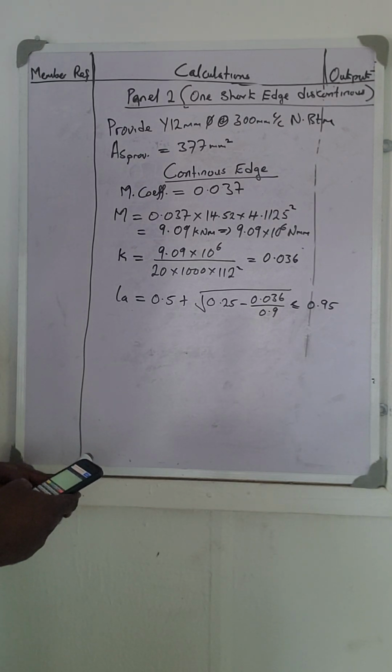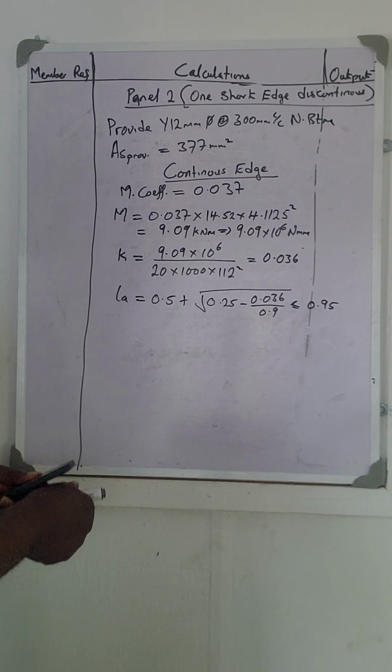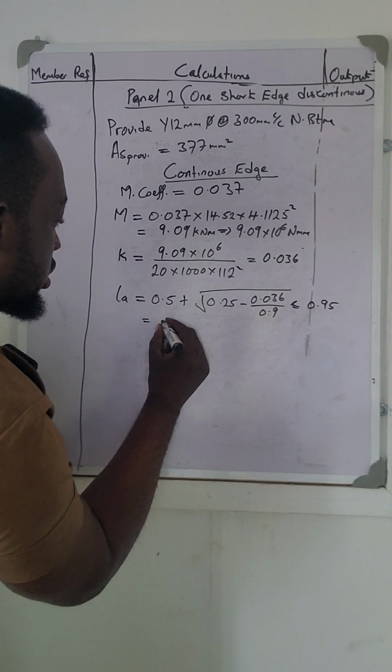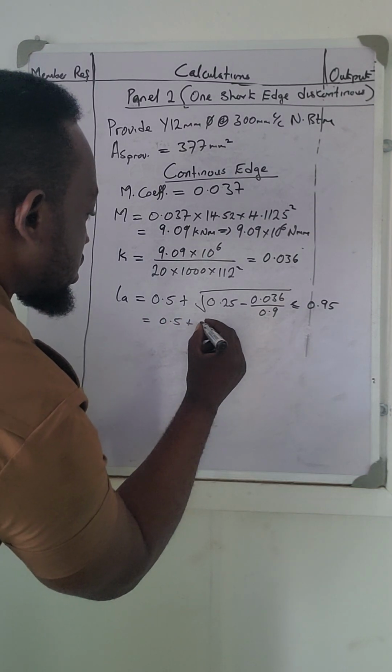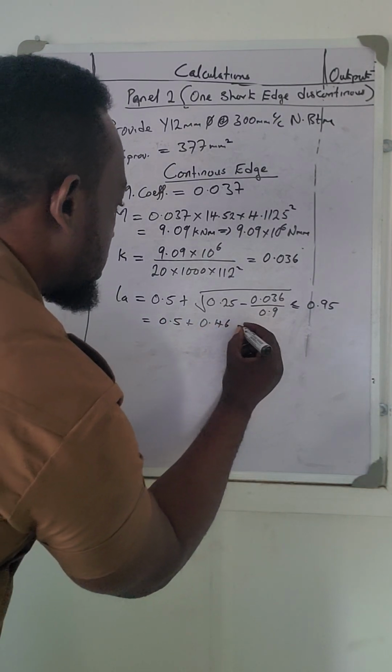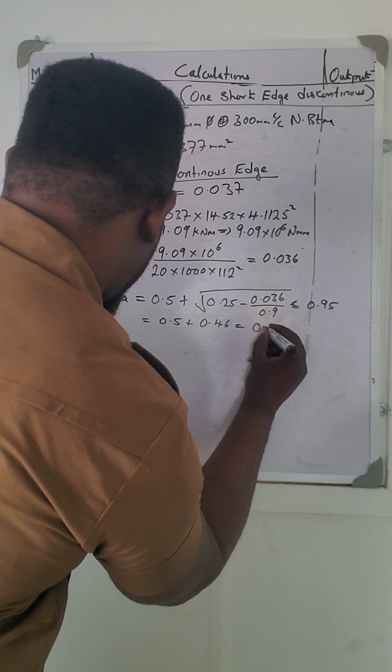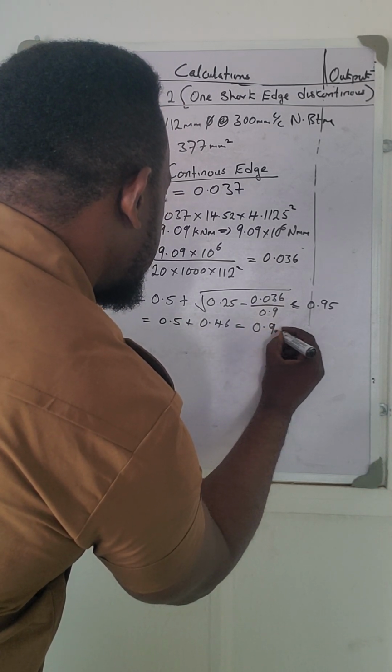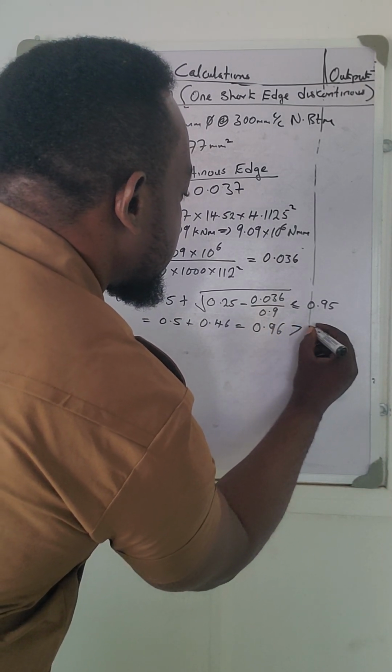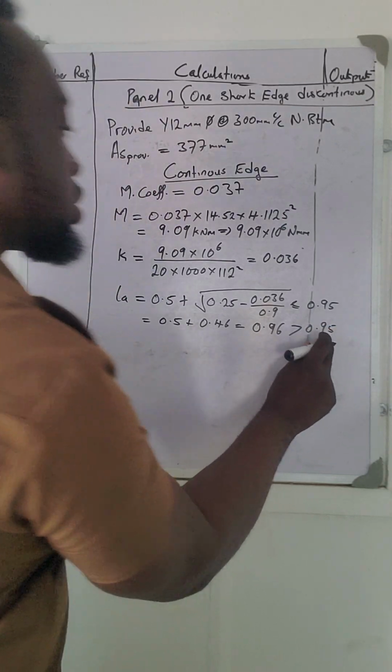Square root of 0.25 minus 0.036 divided by 0.9 equals 0.5 plus 0.46, which is equal to 0.956. This is greater than 0.95, so use 0.95.